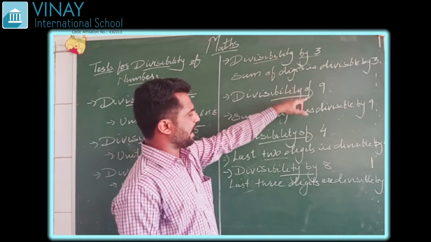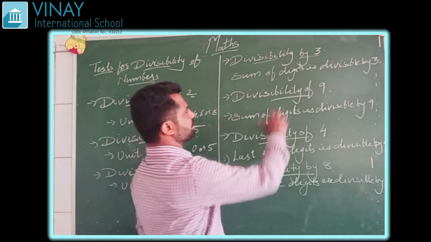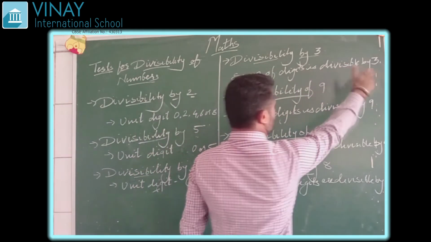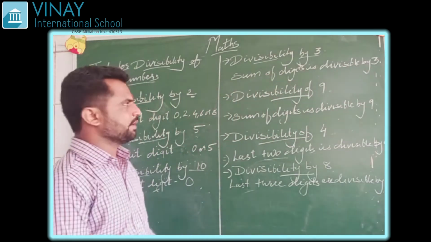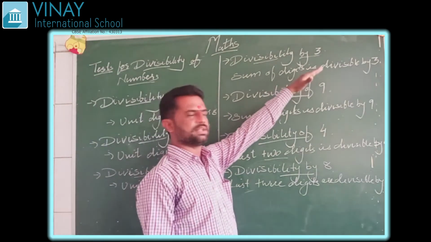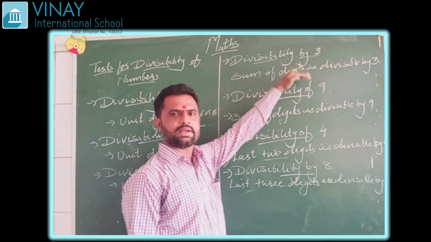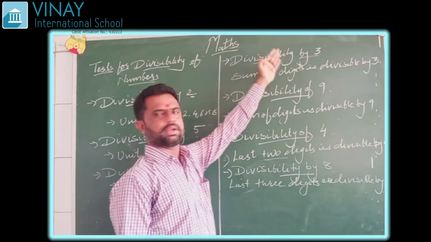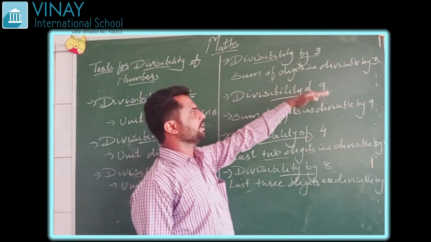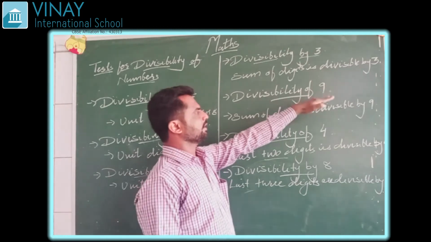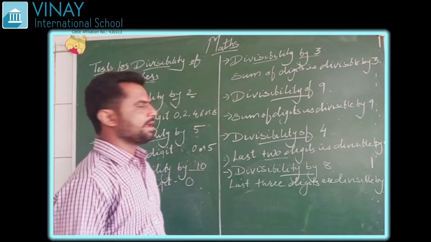Divisibility by 3 and 9, we need to see the sum of digits of the number. If the sum of digits of a number is divisible by 3, that number is divisible by 3. If the sum of digits of a number is divisible by 9, that number is divisible by 9.